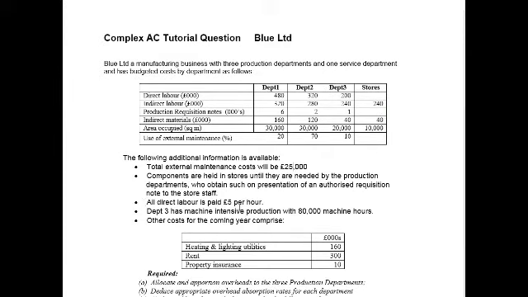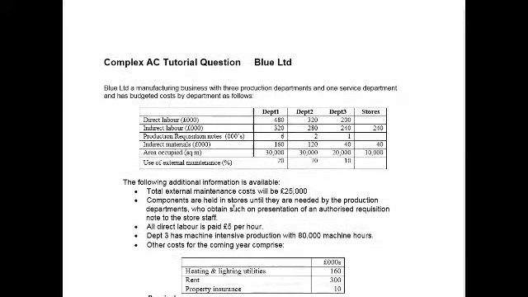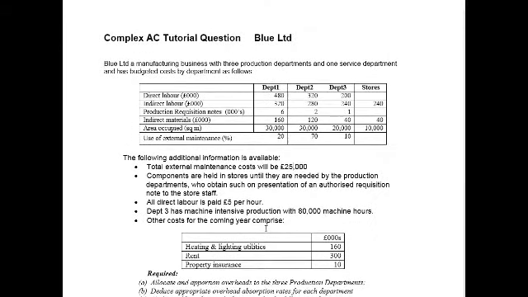All direct labor is paid £5 per hour. So from this information we can work out how many total labor hours are used by department 1, because we can see that 480,000 is the total direct labor cost and they are paid £5 per hour. 480,000 divided by £5 will yield us the number of direct labor hours for department 1, similarly for department 2 and department 3. That is in case the labor hours are not directly given.